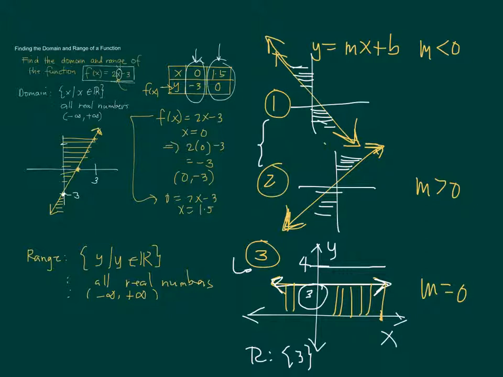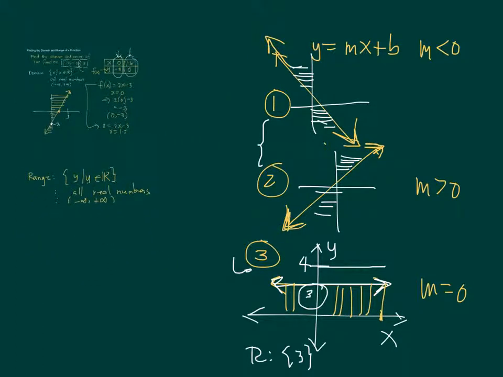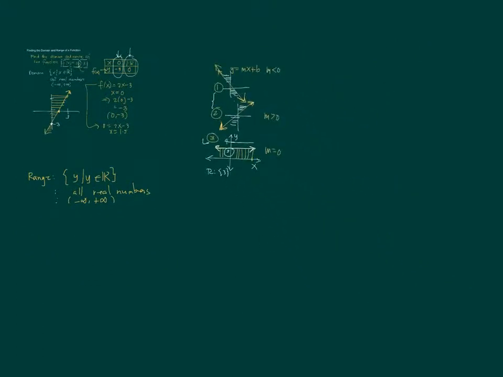Okay, so let's end with some quick examples, just to summarize the idea. Let's say the function is f of x equals negative 4x plus 5. It's a linear function. Domain will be the set of real numbers.